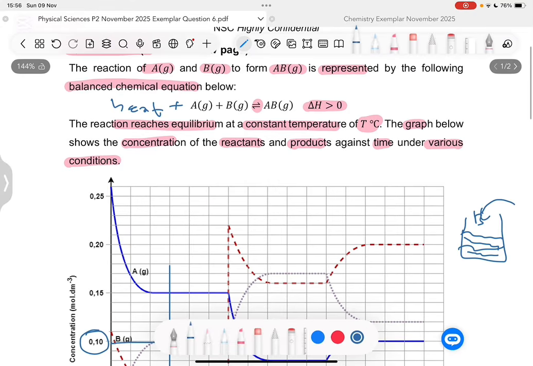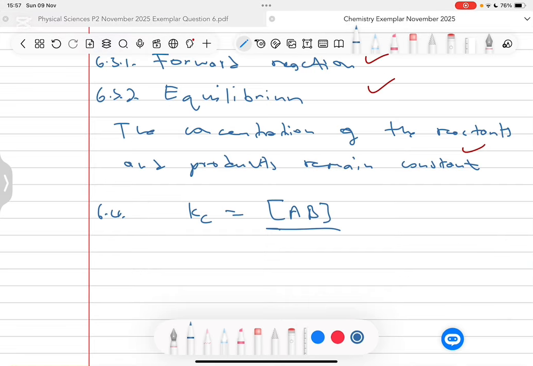If you look at the equation that we have, they said to us that it is balanced, so I don't need to put any stoichiometric ratios on this equation. And I'm dealing with only gases, which means all of these substances will be included in the Kc equation. At the bottom I'm going to divide by the concentration of A and the concentration of B, the product of the two.